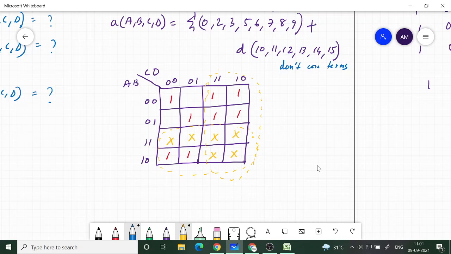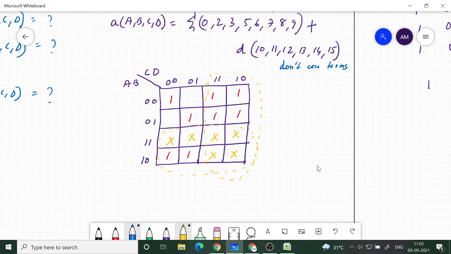I have shown it here. One is this horizontally, other is vertically like this. Question is, do they both correspond to essential prime implicant or not? Can you respond?